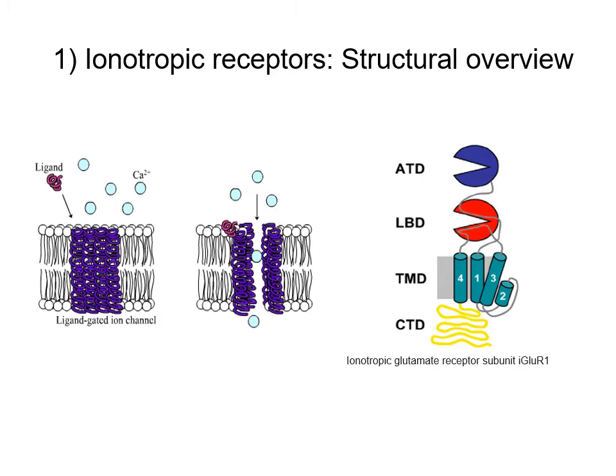Then in the extracellular space, there are two important domains, the ATD or amino terminal domain, which is usually part of these receptors interacting with other potential proteins. And then the LBD or ligand binding domain, which is the place where the ligand binds. And then some subunits may have additional domains, such as the CTD or carboxy terminal domain, that may have very complex structures that allow them to interact with other proteins in the intracellular space.